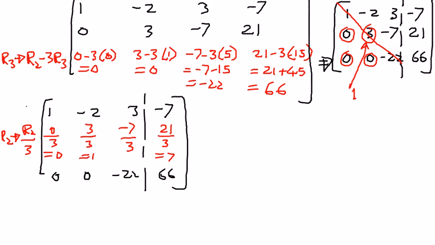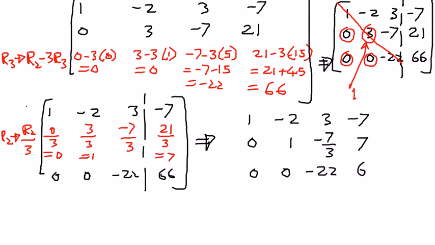Let me write this out in a neat manner here, which is 1, -2, 3, -7, then 0, 1, -7 over 3, and then 7, and then we have 0, 0, negative 22, and then we have 66 there.